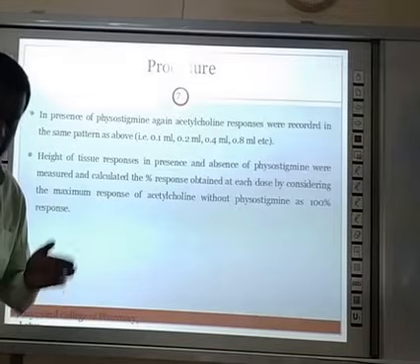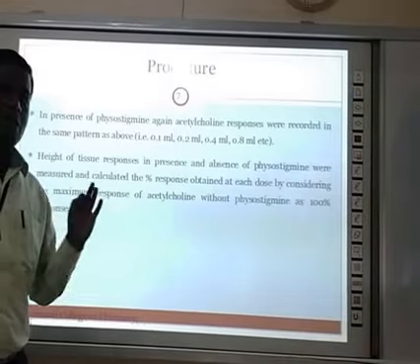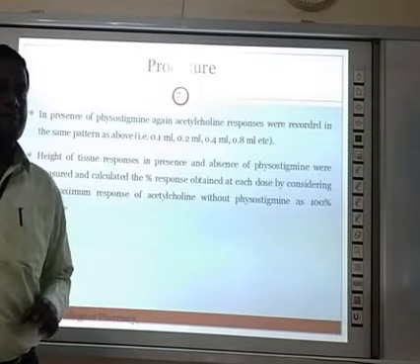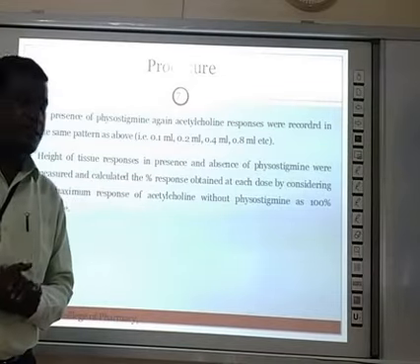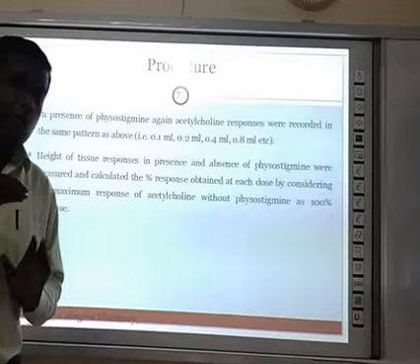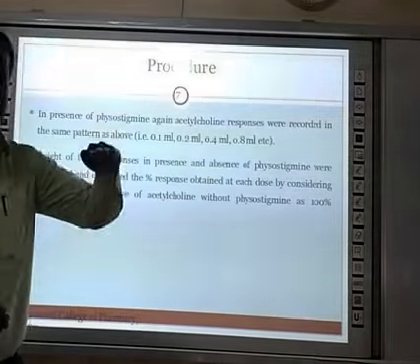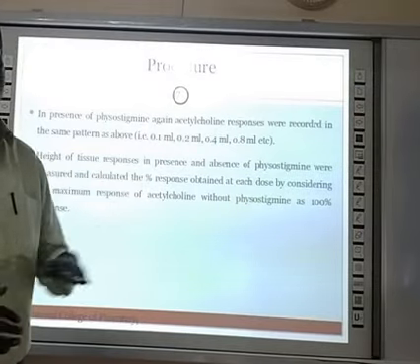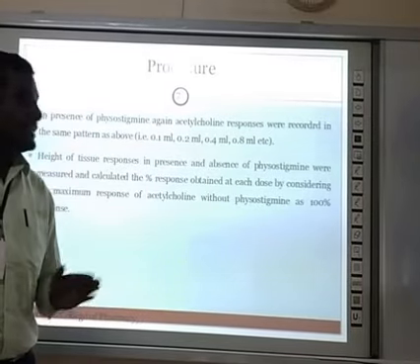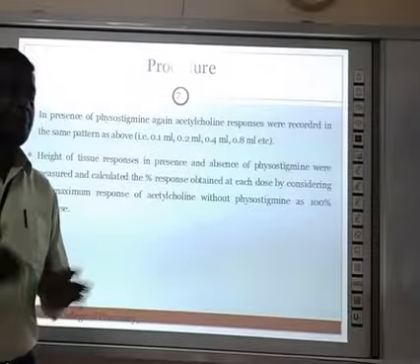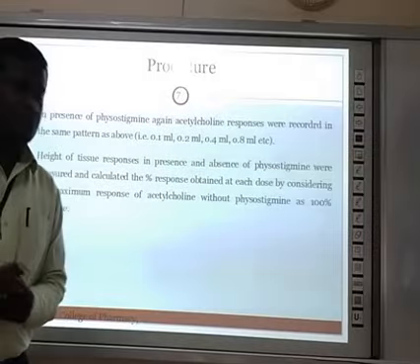That means the first step we performed was with only acetylcholine. For that, the maximum response is considered as 100%, and after considering that 100%, the remaining doses will be compared with that 100% response.